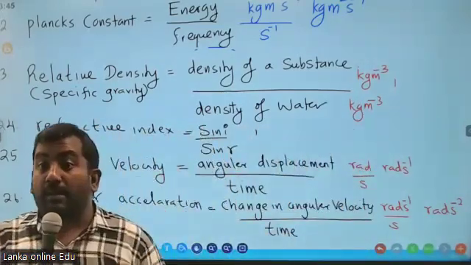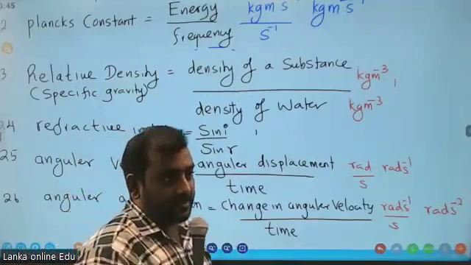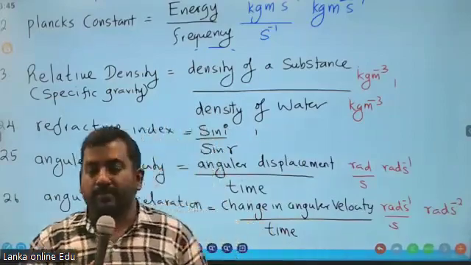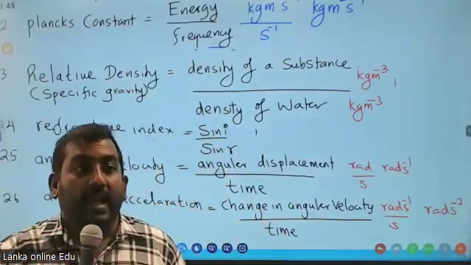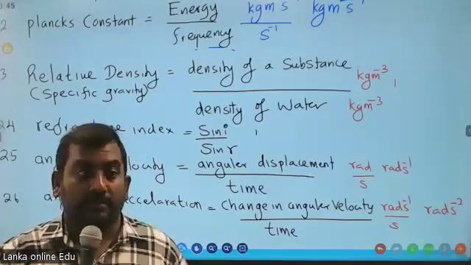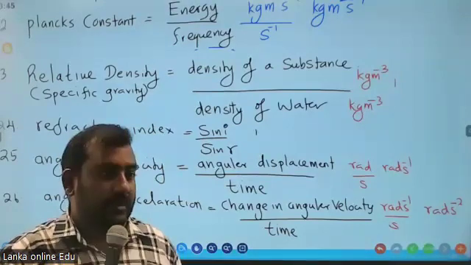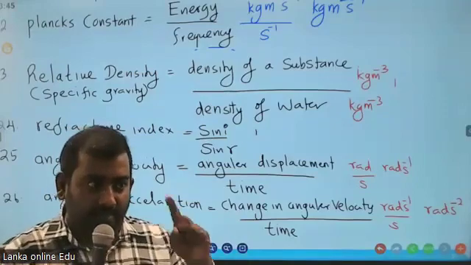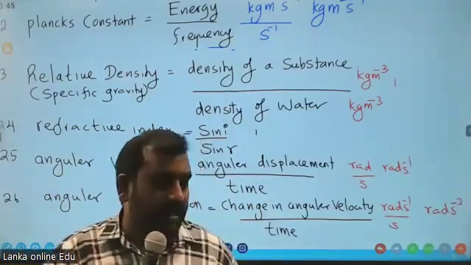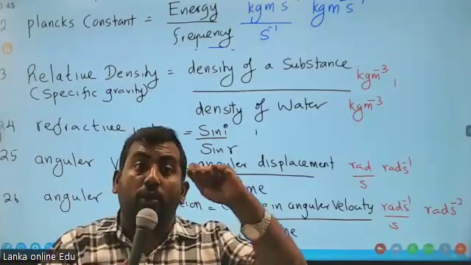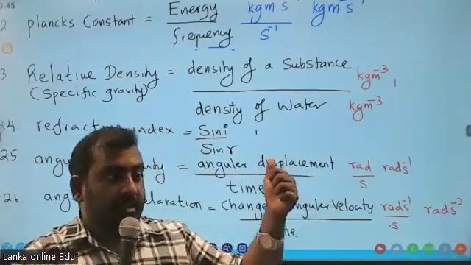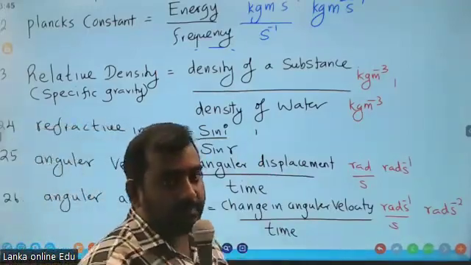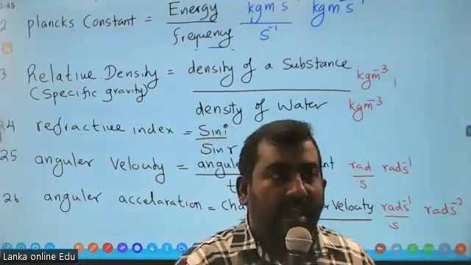Linear momentum and impulse, same basic unit. Angular momentum, Planck's constant, same basic unit. Is it clear? And also there are some physical quantities with no unit, unitless. What are they? Relative density, specific gravity. What else? Refractive index, strain. They have no units.